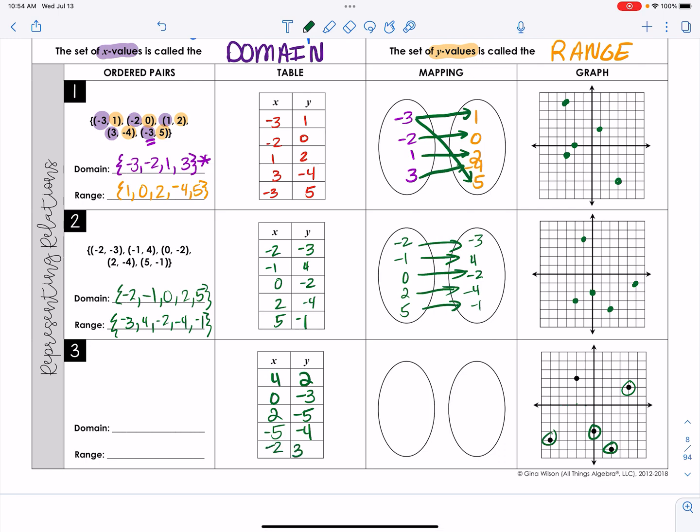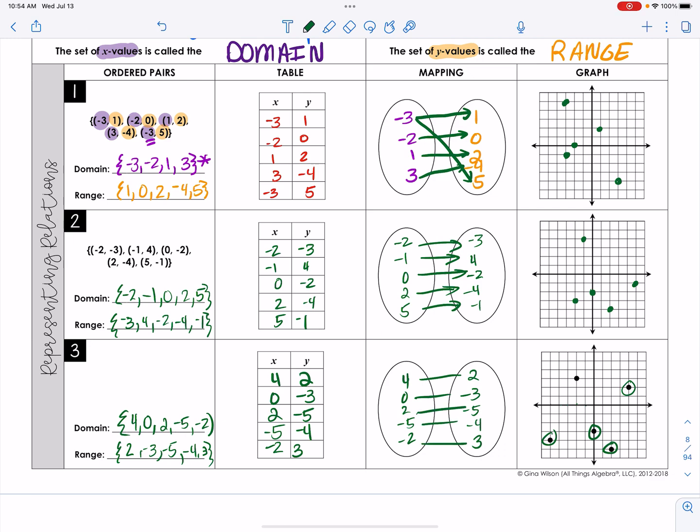Okay, so my domain would be 4, 0, 2, -5, -2. My range would be 2, -3, -5, -4, 3. And if I do my map, they just all would go together. And then I would connect them.